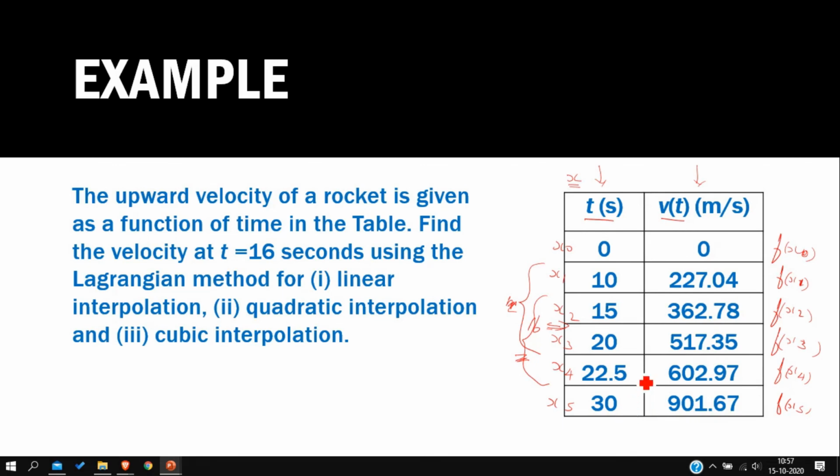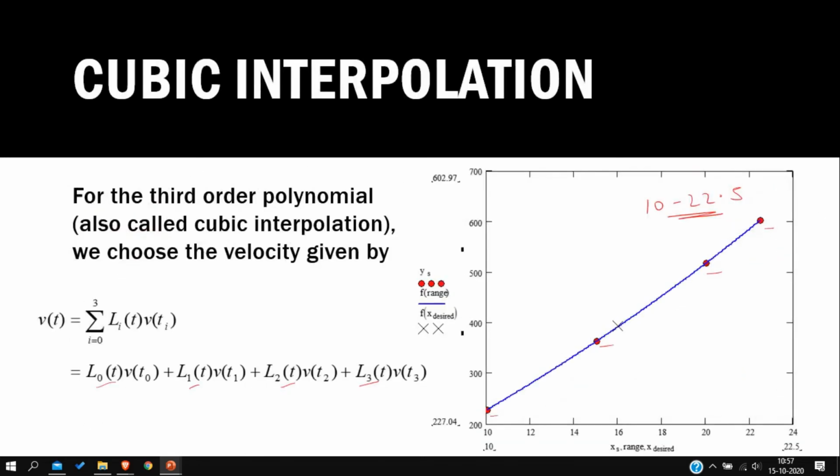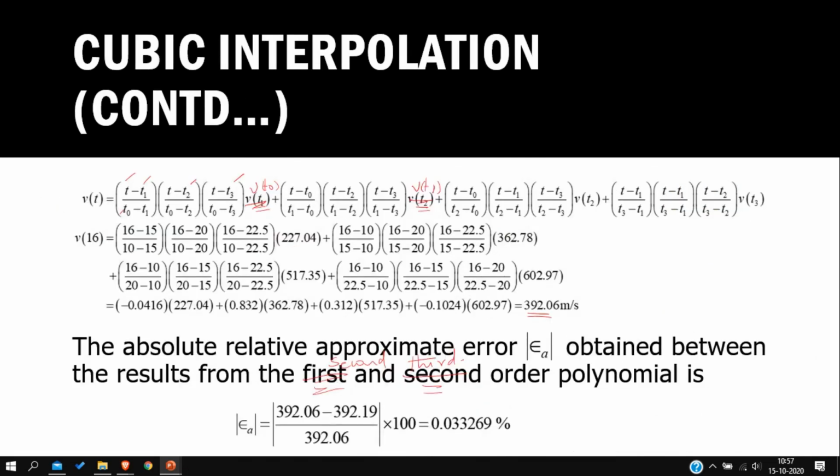Normally we go only up to cubic interpolation. If we need closer values, then only we go for more than that. Okay, I hope you understood, and if any doubts are there, we can discuss it.